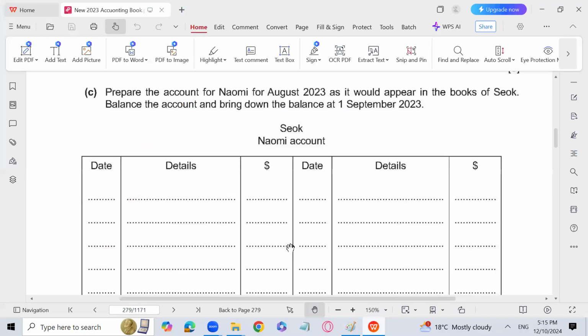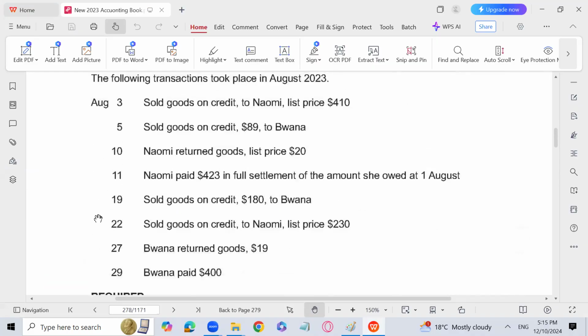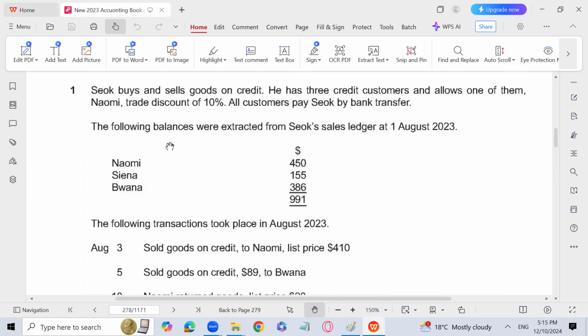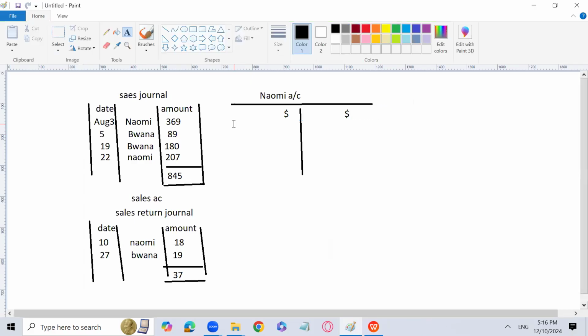So I'm going to prepare the account of Naomi, but before passing the entries in the T account of Naomi and posting the entries, we have to write the balance which is available in the Naomi account in the sales ledger. That is going to be 450. So he was our trade receivable by 450 on 1st August.